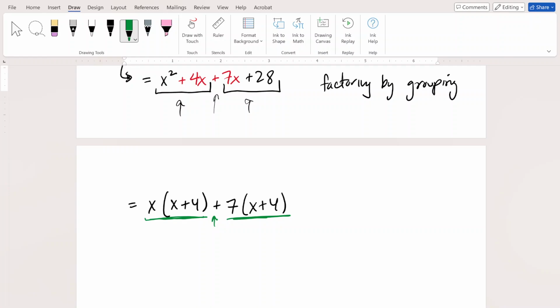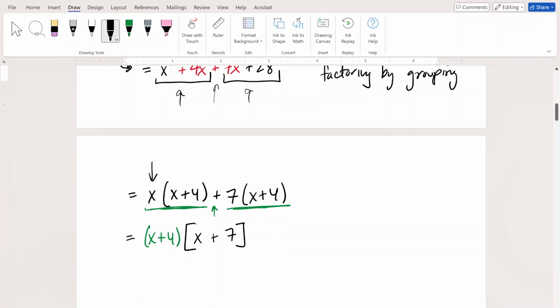So then what do they each have in common? The x plus 4. Leaving me, I like to put a bracket first with an x from the first term and then plus the 7 from the second term. And then the bracket can then be changed to a parenthesis in reality, because there wasn't anything more complicated than that.